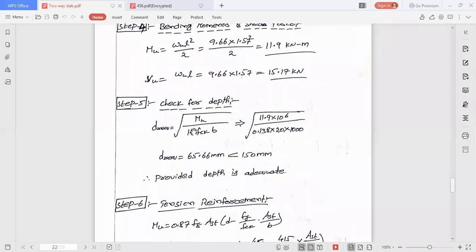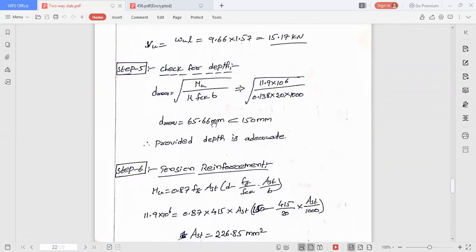So the formula is the same as we used for simply supported one-way slab, two-way slab, and beams, everything: the same formula. So Mu by K fck b d, where we got 65 mm. See here, based on the bending check requirement, the depth of slab required is just 65, but how much have we provided? 150.